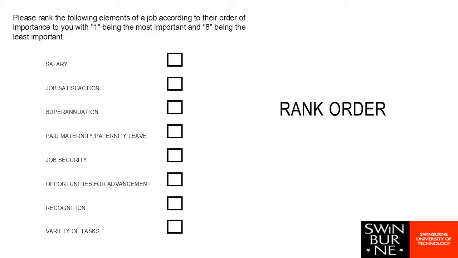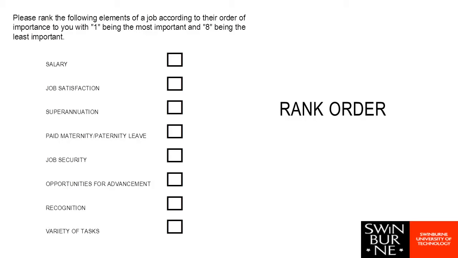We have to remember that the things on this list are not mutually exclusive. Mutually exclusive means if you have one, you can't have the other. So it might be that I don't want a job unless it has a good salary and good job satisfaction. So I want to rank both of those 1, but perhaps I'm not able to if I have to use the numbers 1 through to 8.